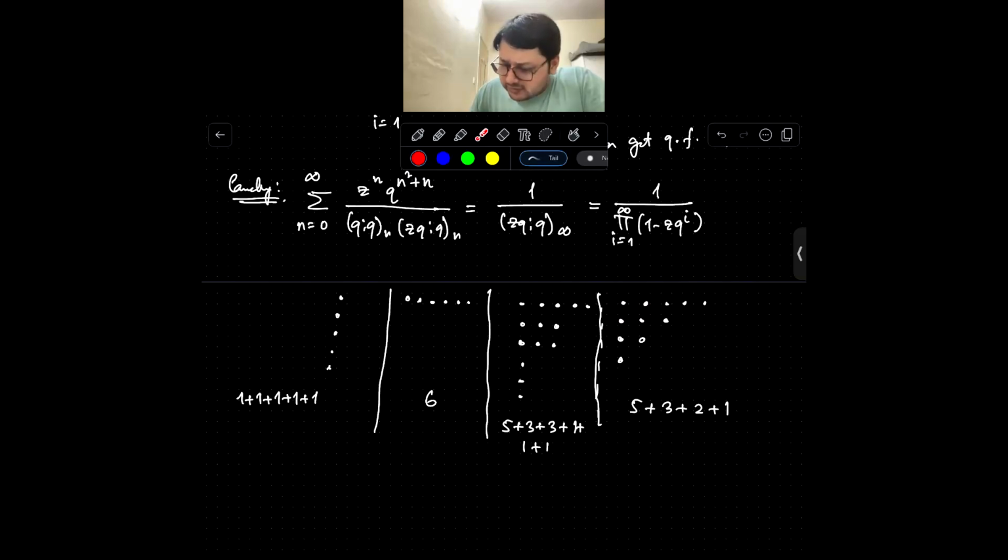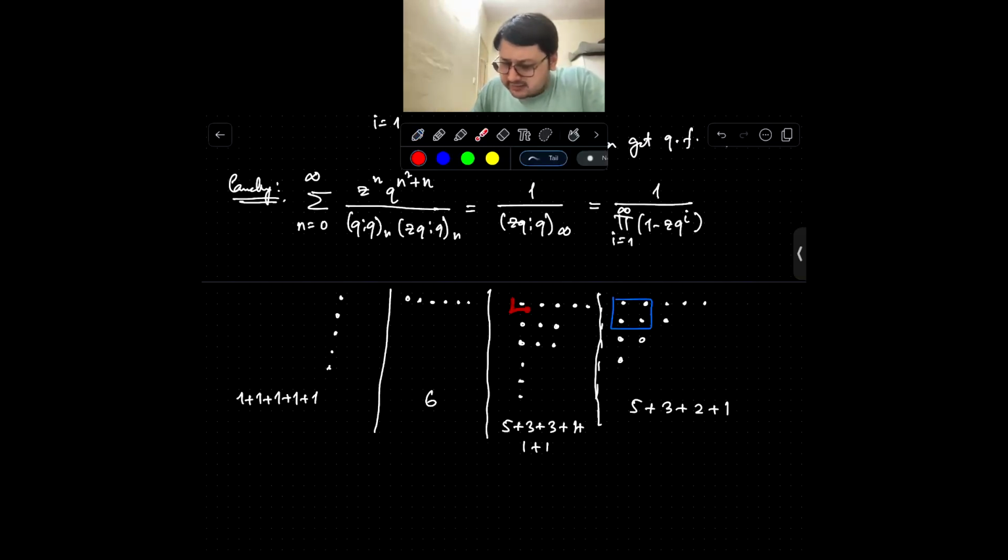But if we try to do it for a 3 cross 3 square, then we see that there is 1 dot which is missing from this diagram. So basically the bottom right corner dot is missing. So this 3 by 3 square is not possible to be drawn. But the largest square that we can draw in this way is basically this square. And we do the same thing here.